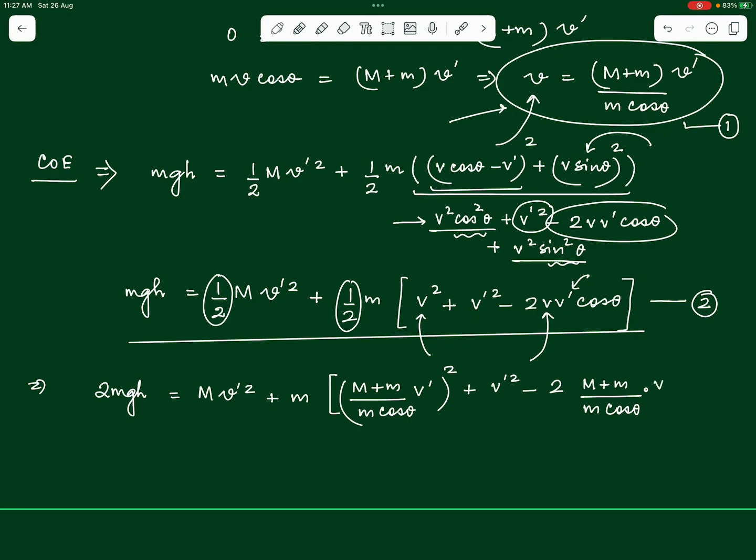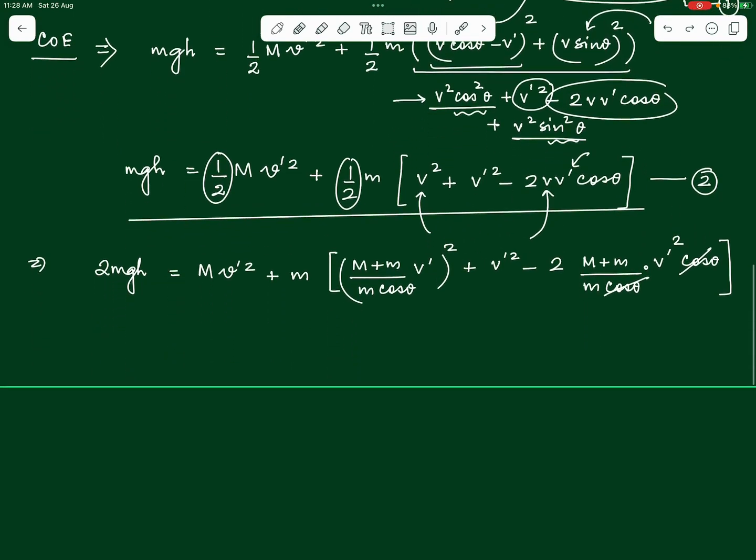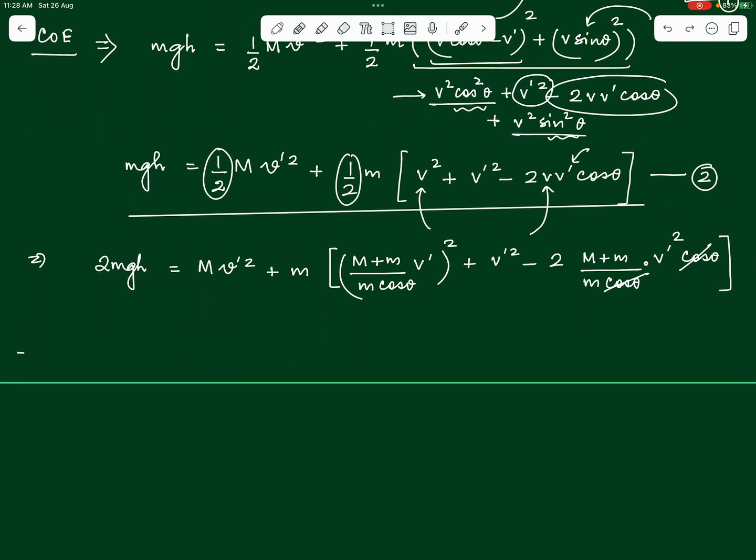So, the two together will give us v dash squared and into cos theta, that is there in the last term. See that this cos theta and this cos theta will cancel out, right. And now what we can do is, we can take v dash squared common throughout all these terms, here, here, here as well as here, everywhere we have a v dash squared which we can take out as a common factor now. Okay. And then we shall solve this taking LCMs and all to get our answers.